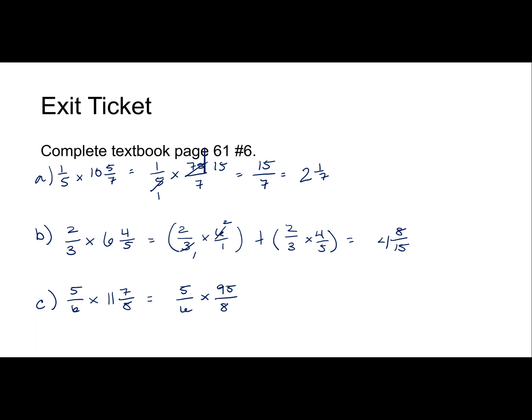And I simplified it with 6 and 95. Oh, you did? Hold on just a second. I don't think we can simplify 6 and 95. Can we divide them by 3? Let's see, 9 plus 5 is 14, so that's not divisible by 3 or 6.